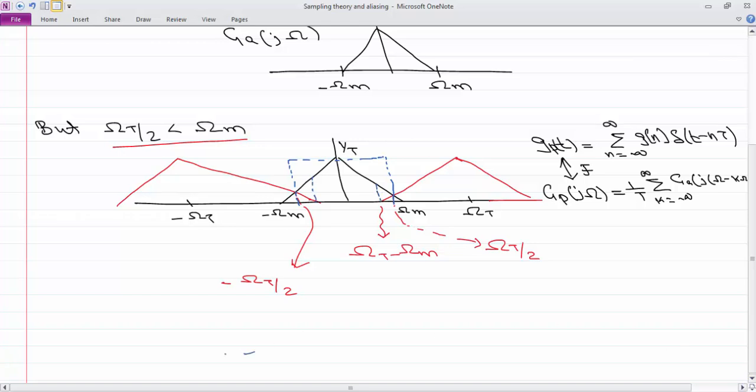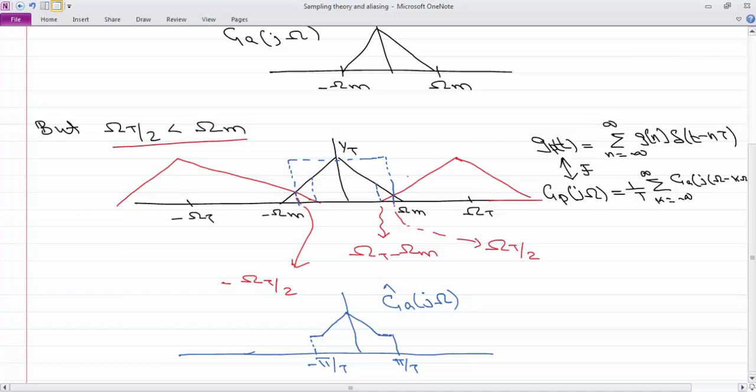So what you will reconstruct will be something like this. It will go up to this point, then it will go straight. It will go up to this point, and then straight up here. So this is what you will reconstruct. This will be your G hat a of j omega. So this point is pi by t, minus pi by t.